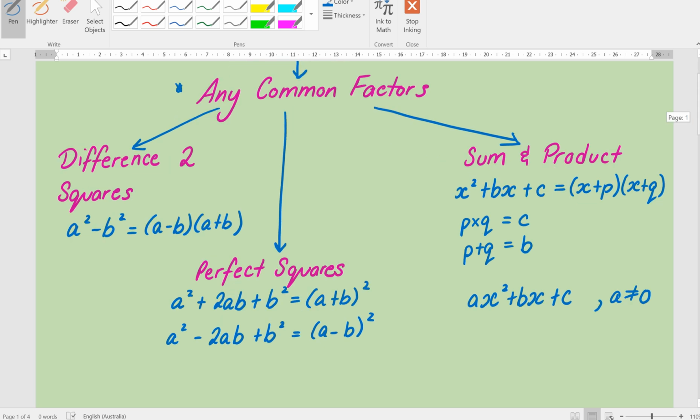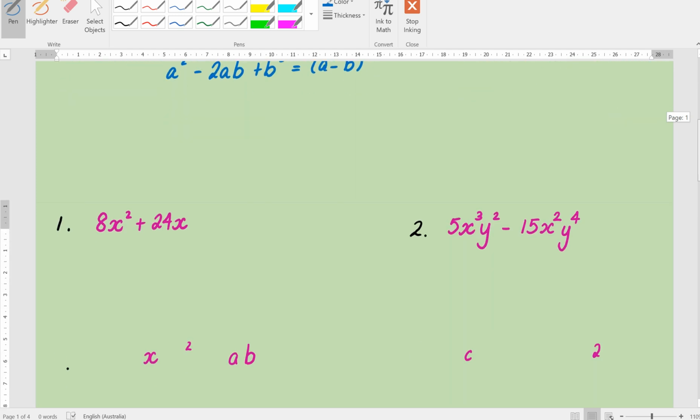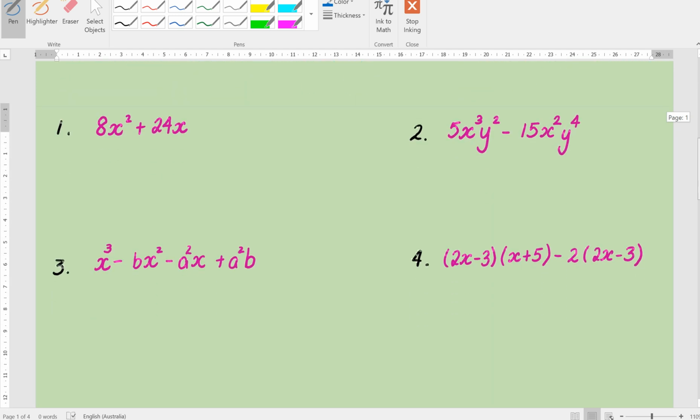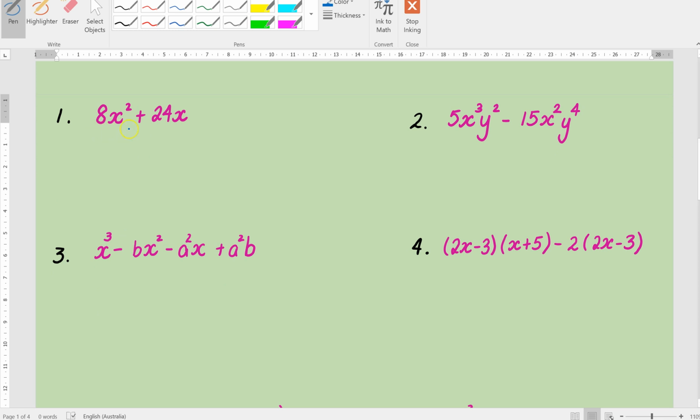So let's go over our first revision, I guess, about common factors. We look at these expressions, and the first thing you want to do is say, is there a common number that goes into both of these terms? Clearly, it's 8. So we will pull out 8 as a common factor. We then look to see if there is a common letter. And in this case, x appears in both terms.